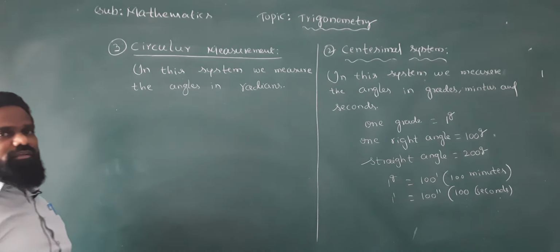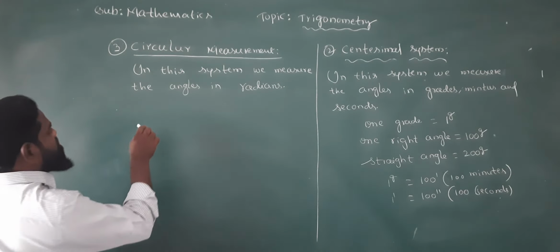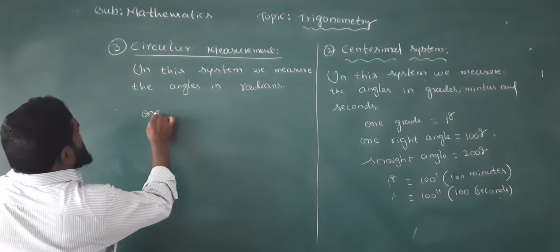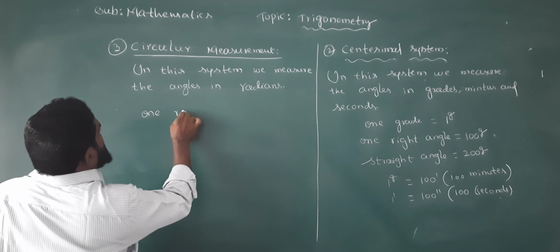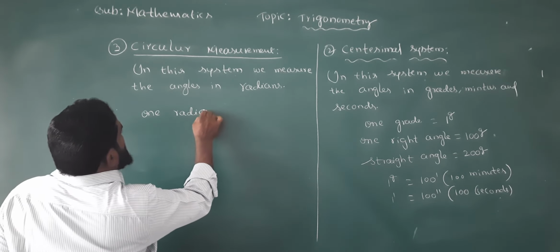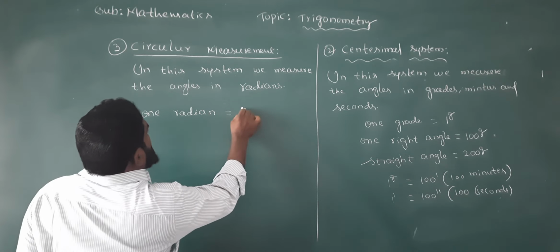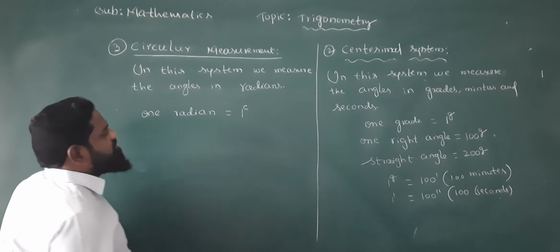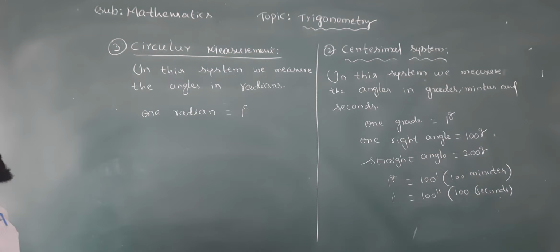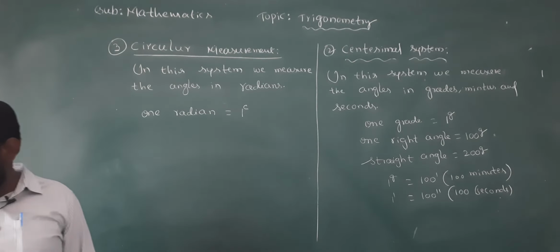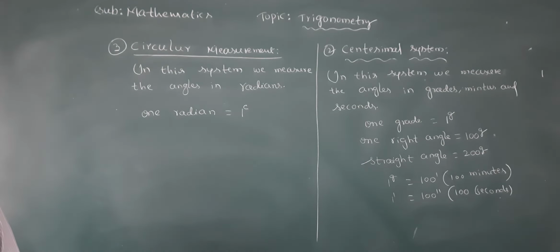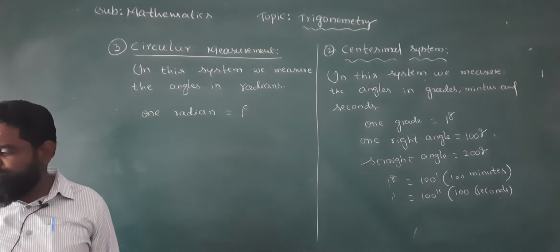Let us see what is 1 radian. 1 radian is denoted by 1 c. C means circular system. That's why we take it as 1c.